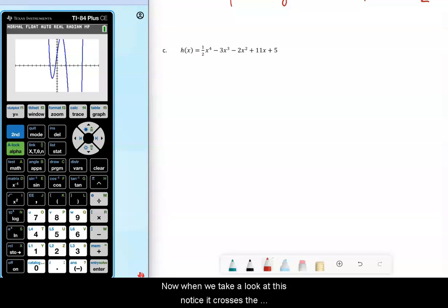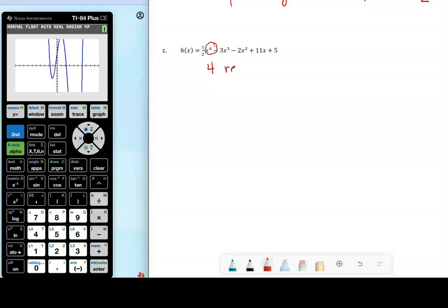Now when we take a look at this, notice it crosses the x-axis 1, 2, 3, 4 times. So that means that this degree 4, it has 4 real zeros. And all of them have a multiplicity of 1. Because that's the maximum that we can have.